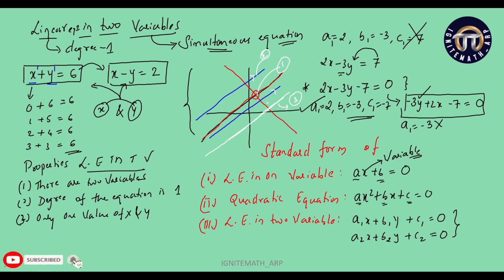Anything can happen. Okay, so how can I identify that? Are they intersecting? Are they overlapping? Or are they running parallel? So every time should I graph the equation and identify, sir? Not necessary. It is not necessary to always identify whether they are running parallel or not by graphing the equation.